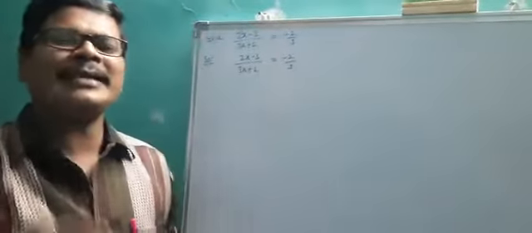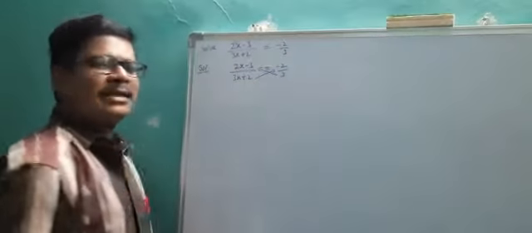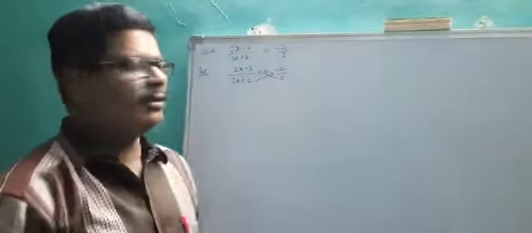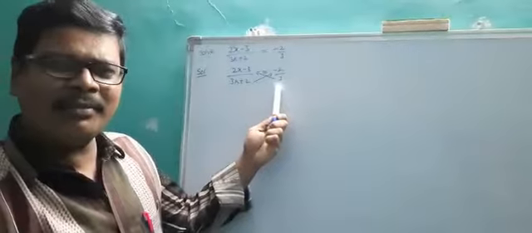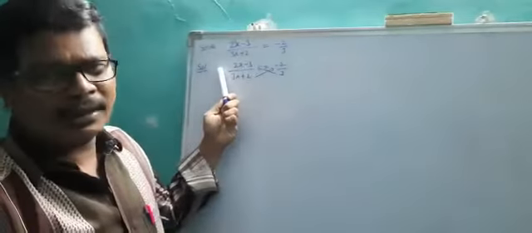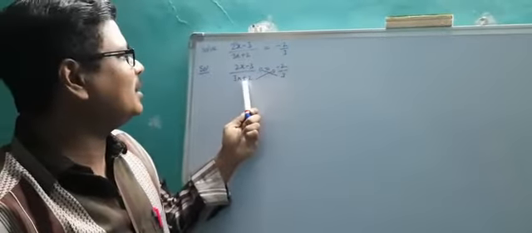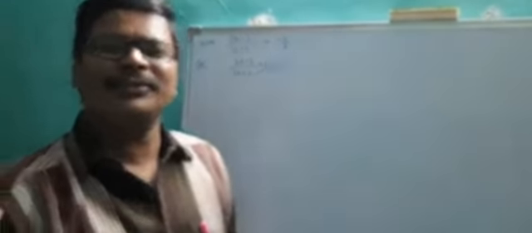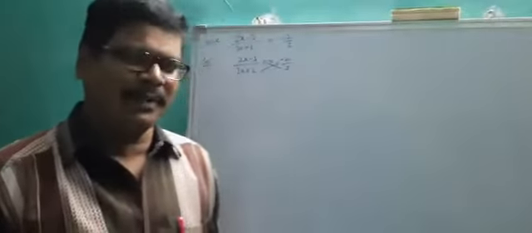So this is known as cross multiplication. Both denominators are multiplied to each other. That means this 3 is transferring to the other side, and this 3x plus 2 is transferring to the RHS. So this is known as cross multiplication.